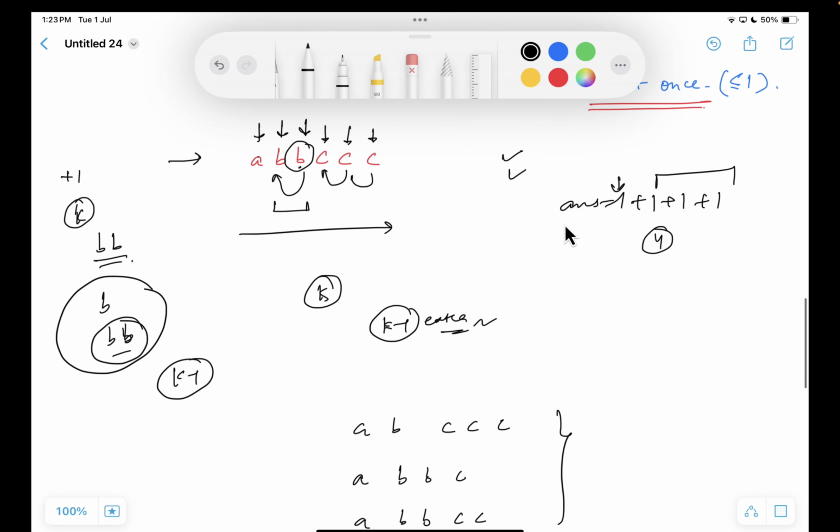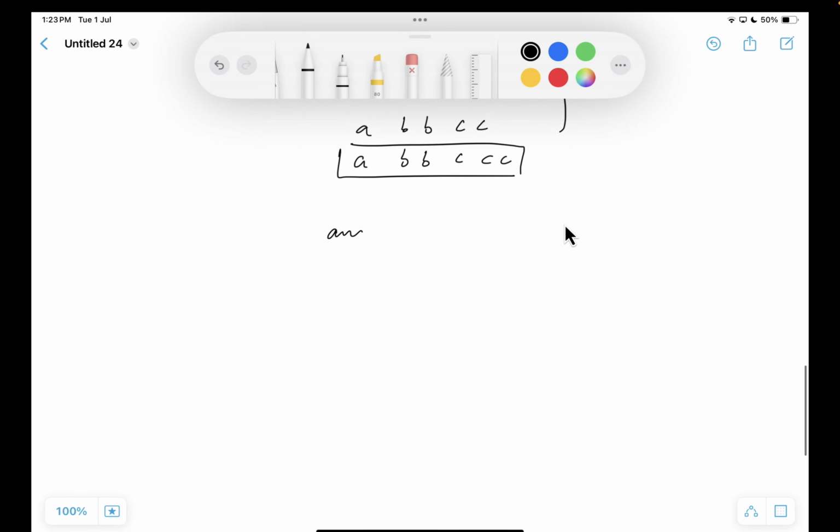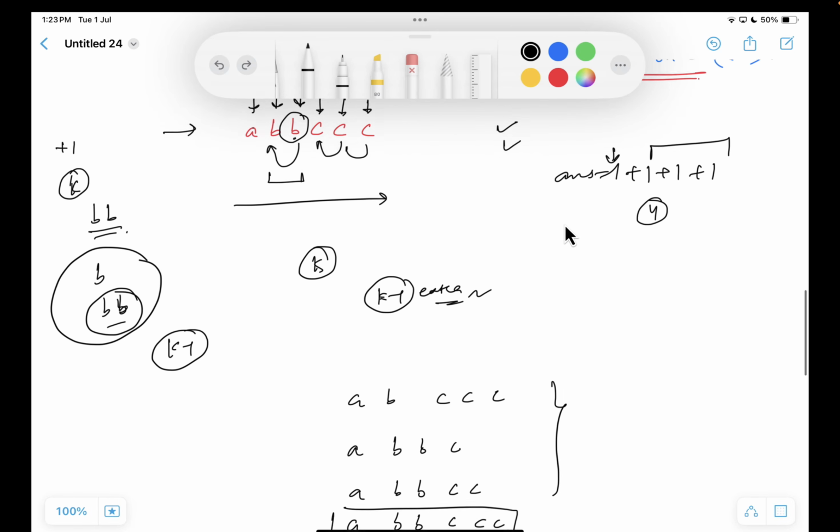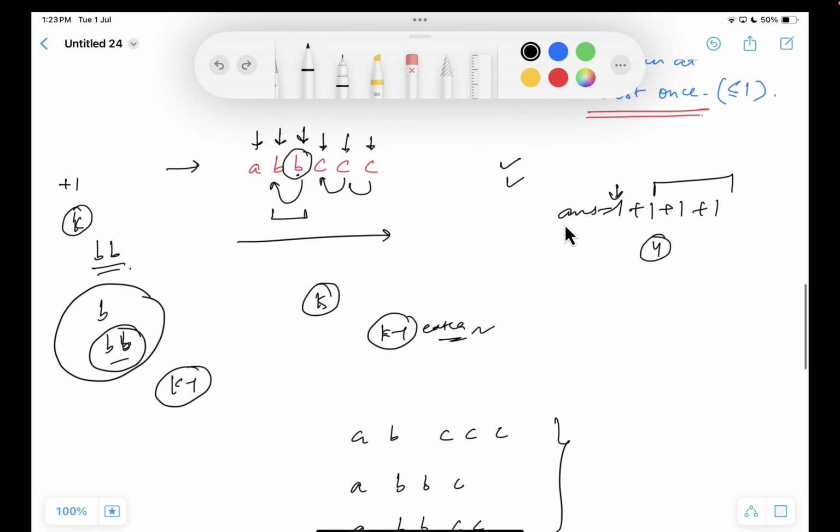That current string is one possibility. So I am going to initialize my answer equal to 1. Then I will be iterating, starting with 1 and going while i is less than n. If character at i is equal to character at i minus 1, and I am using i minus 1, that's why I started the loop from 1, then it means this is a contribution to extra possibility.